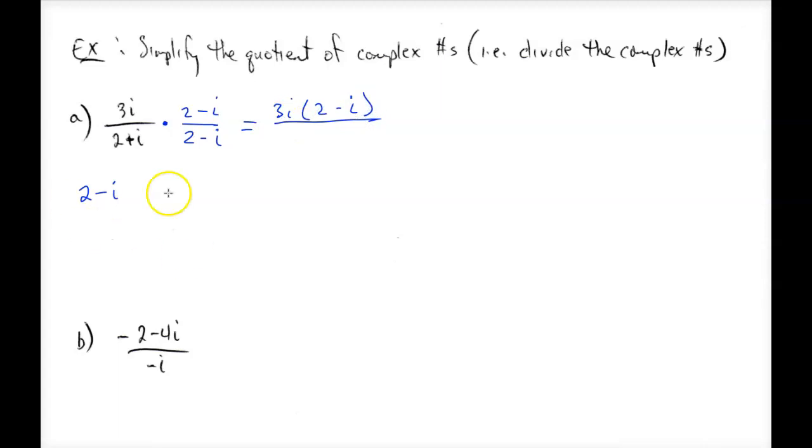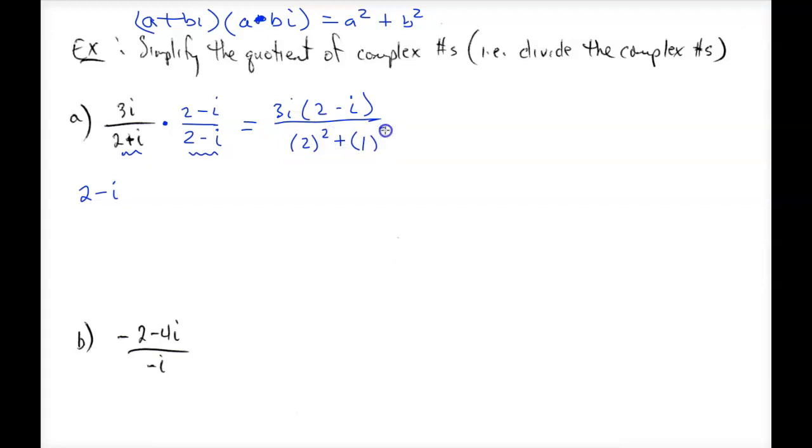The denominators here are complex conjugates, so again we can use the shortcut that a plus bi times a minus bi is just a squared plus b squared. So here this would just be 2 squared plus 1 squared.